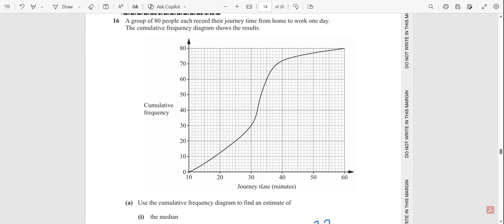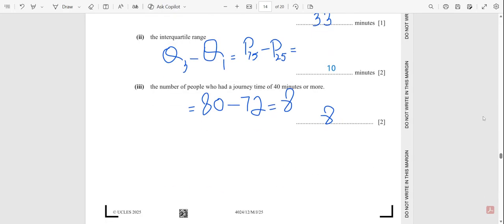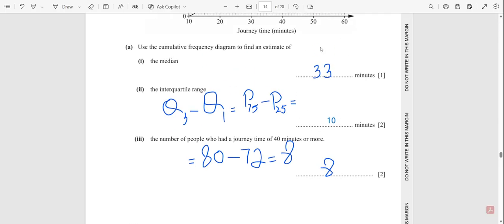It coincides with 32. So this will be 32 minutes.